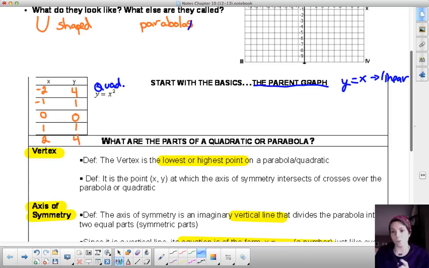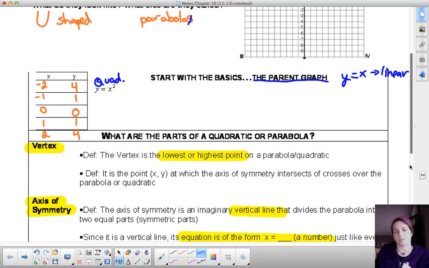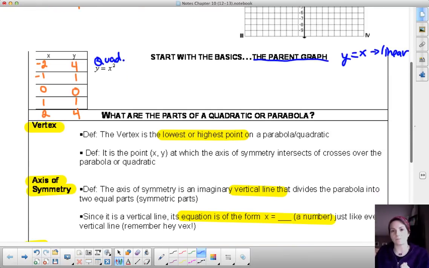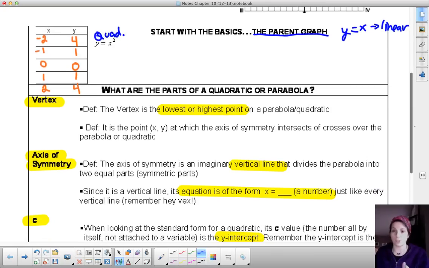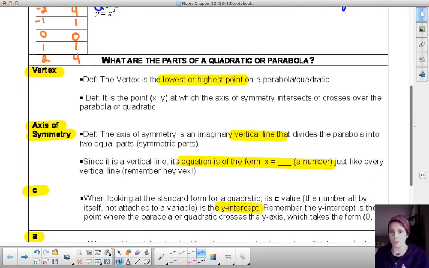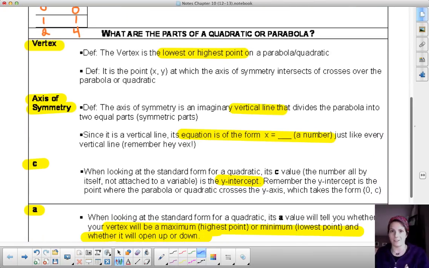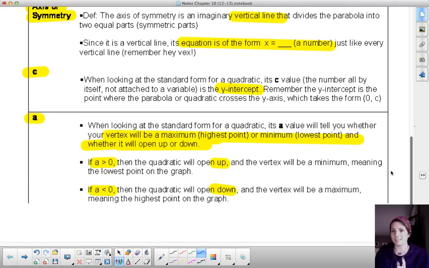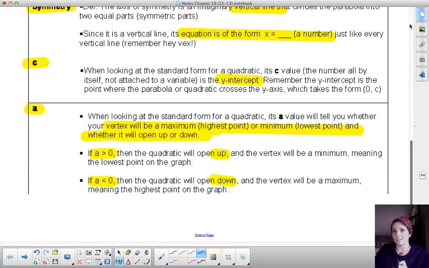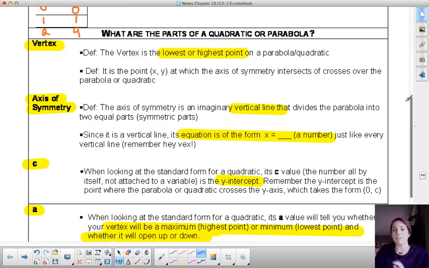Now, I don't think I need to read all of this to you. But I do want to point out that you need to read it. Every word that I have here is important, although I have highlighted some that are more important than others.